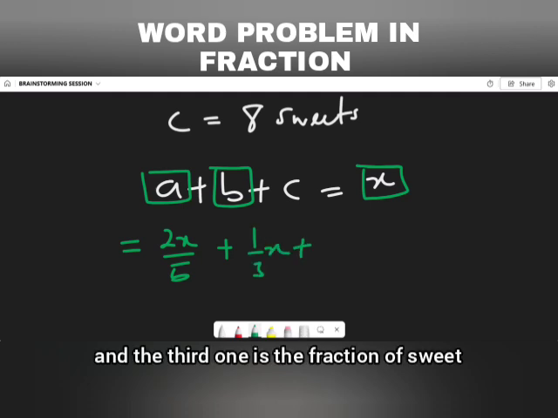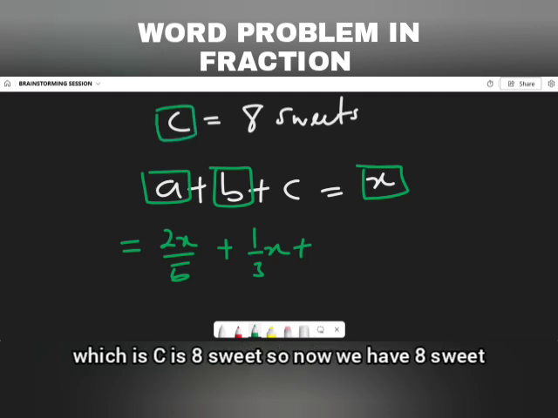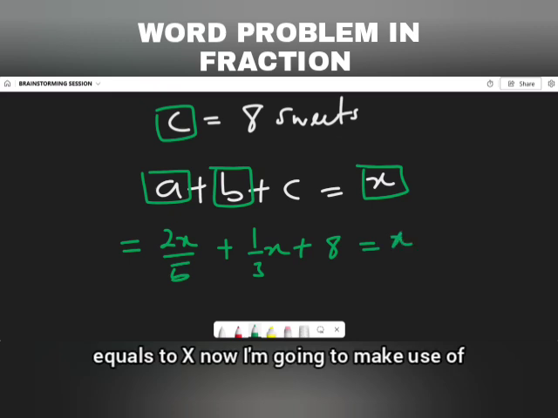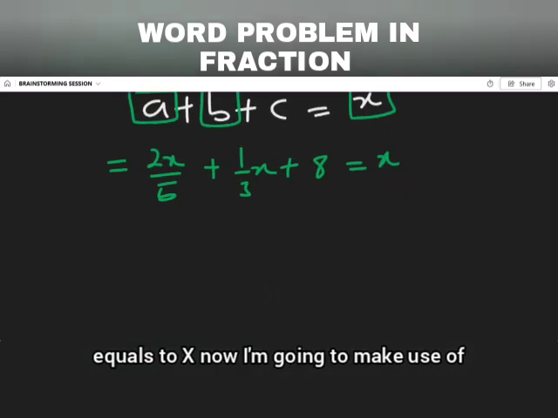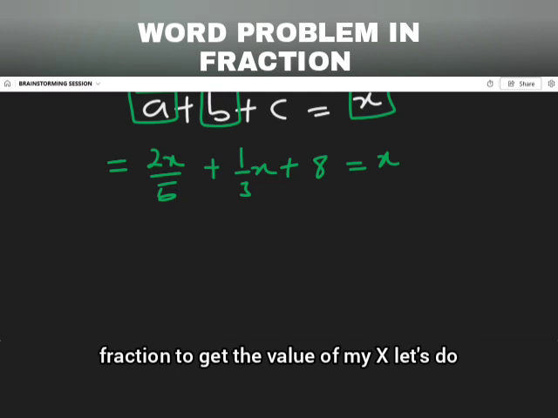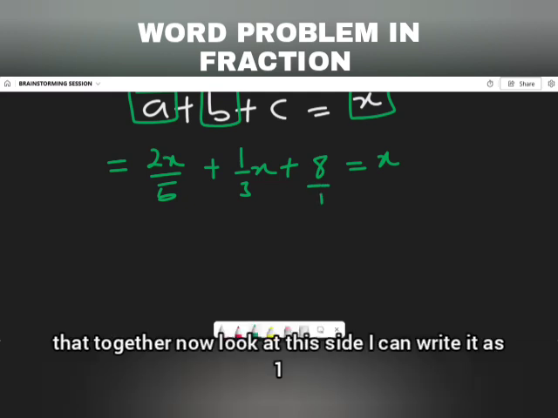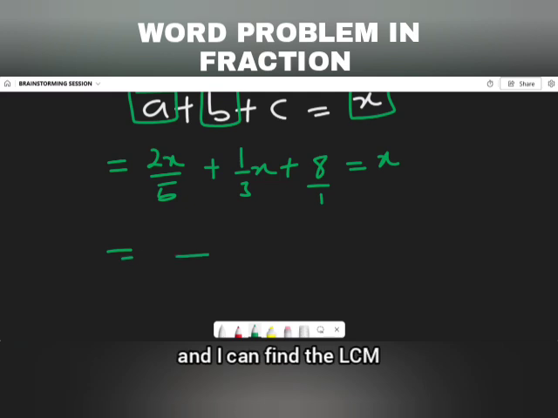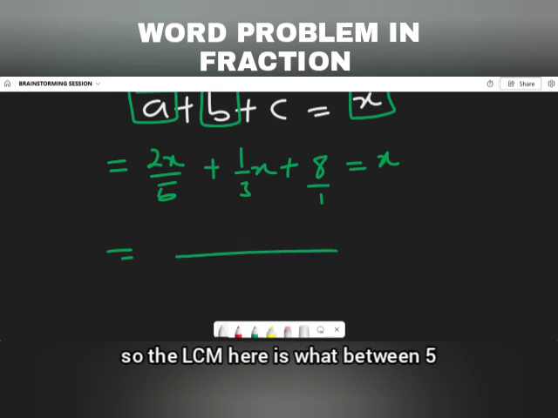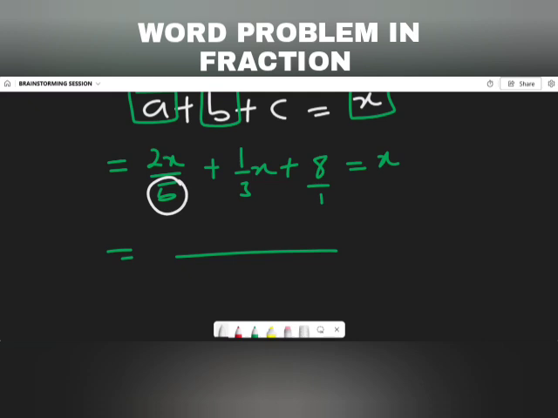And the third one, received by the third girl, which is C, is 8 sweets. So we have 8 sweets equals to x. Now I'm going to make use of fraction to get the value of my x. Let's do that together. Now look at this side, I can write it as 1, and I can find the LCM between 5, 3, and 1, and that is 15.